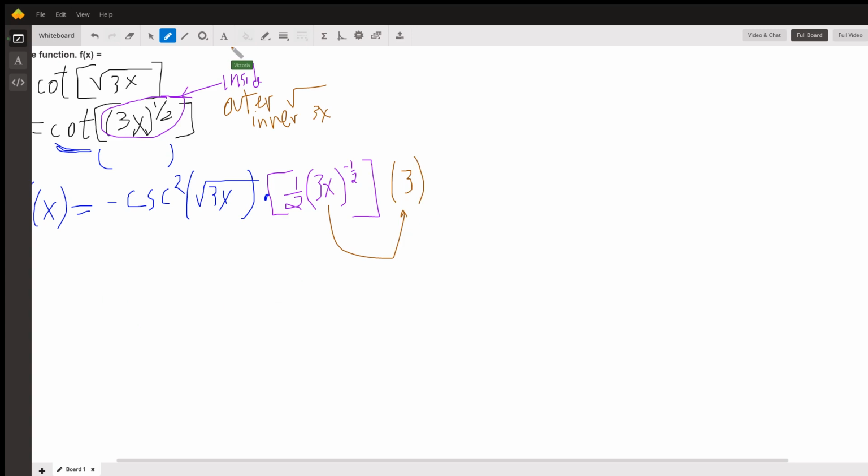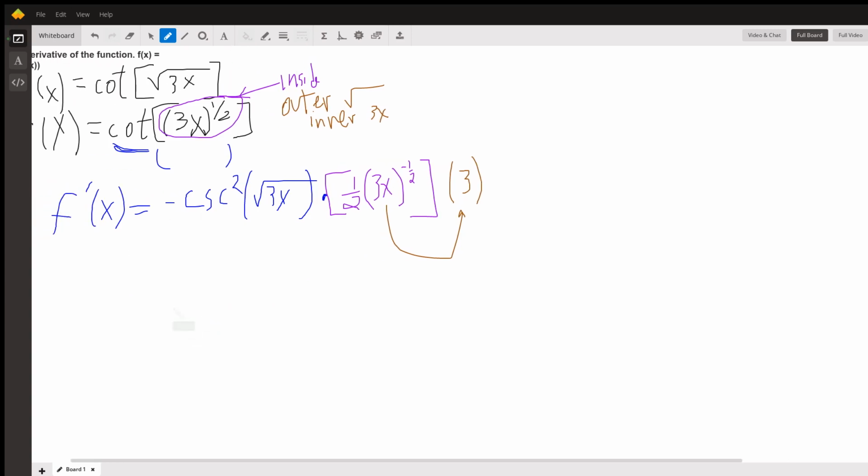It seems like most teachers and professors want this as concise as possible. So let's do it this way. The stuff that's on top is this 3, this negative cosecant squared of the square root of 3x.